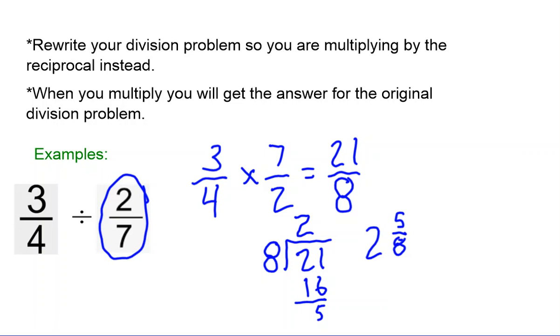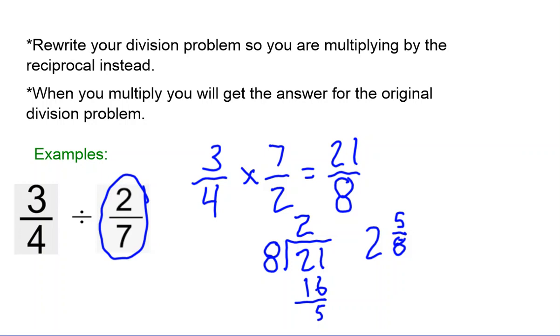Now, something else that you have probably heard before related to dividing fractions is the keep, change, flip saying. I'll give you those words now, and then you can use them as we go forward.